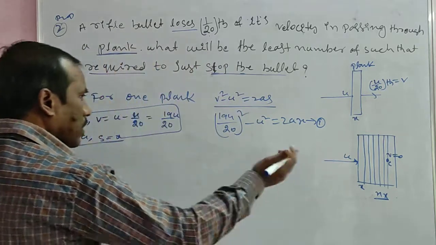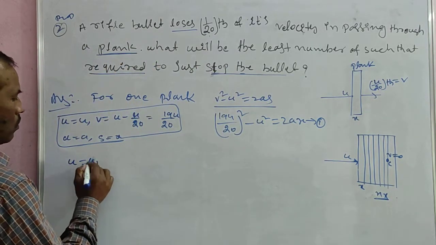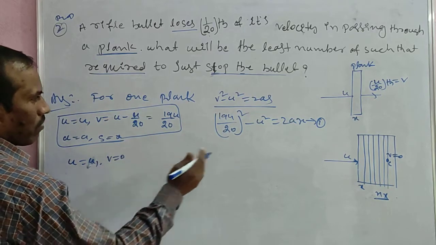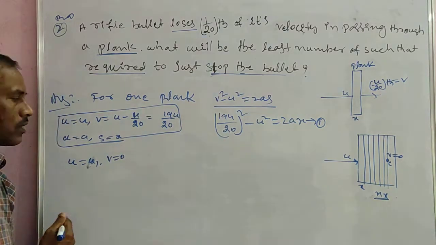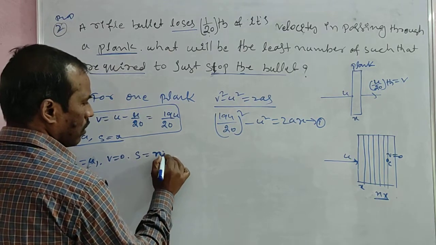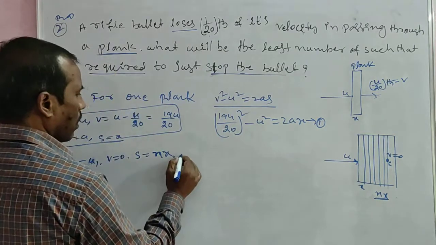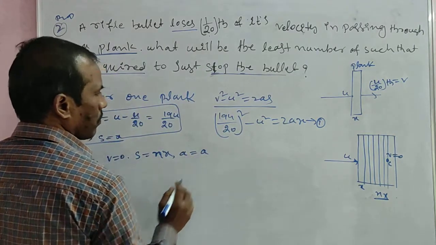In this second case, the initial velocity is u, the final velocity v is 0, the displacement s is nx, and a is the acceleration.